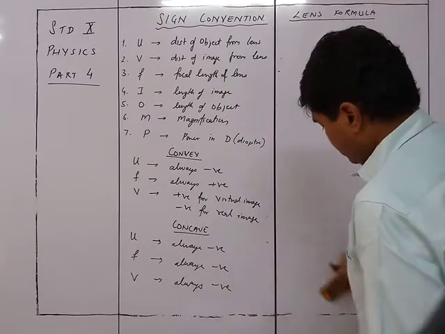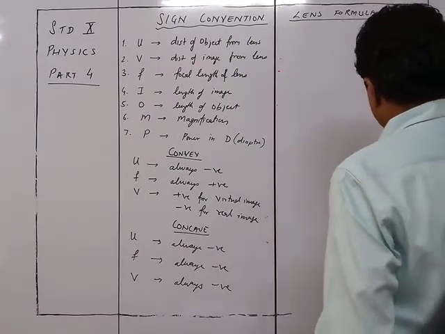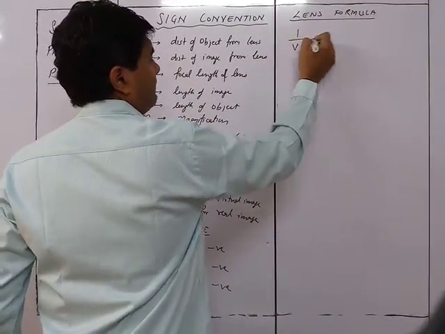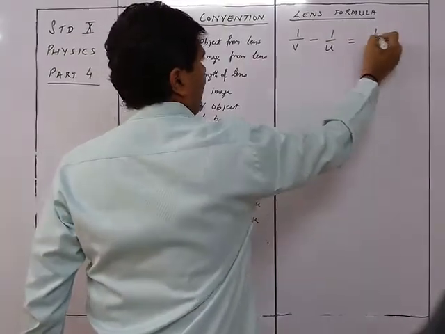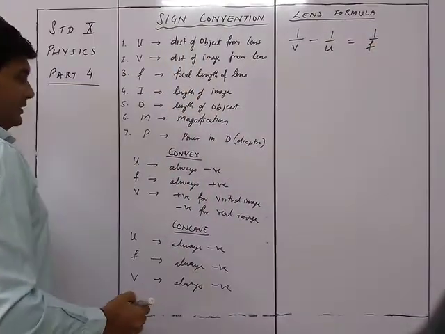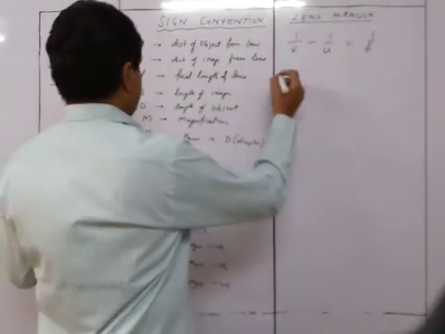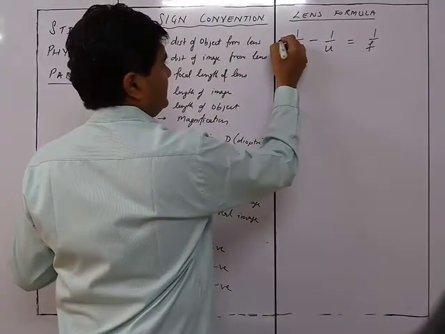After this, what we have is the lens formula: 1 upon V minus 1 upon U is equal to 1 upon F. This is the first formula.